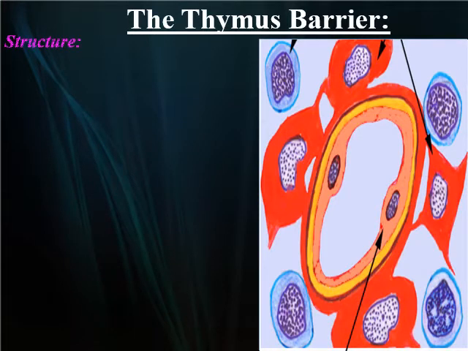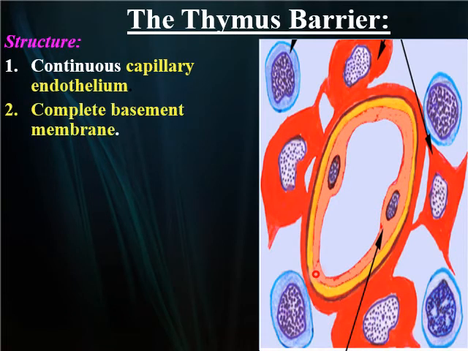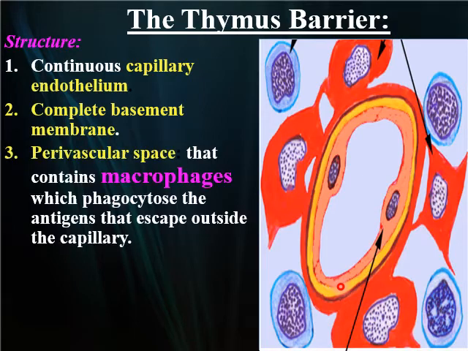It is formed of continuous capillary endothelium. This is the endothelium, and this yellow part is the basement membrane. So the capillary has a continuous, complete basement membrane. The perivascular space, the space outside the basement membrane, contains macrophages which will phagocytose any antigen that escapes outside the capillary.